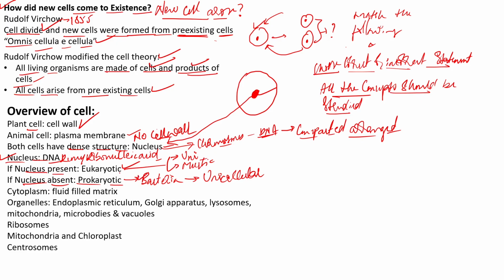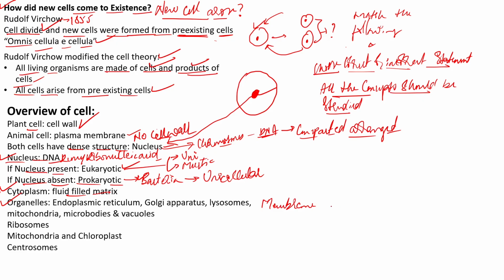The next point: irrespective of whether the cells are eukaryotic or prokaryotic, both kinds of cells have a fluid-filled matrix. We refer to it as the cytoplasm. And in the case of eukaryotic cells, you find organelles, and these organelles are generally membrane bound.